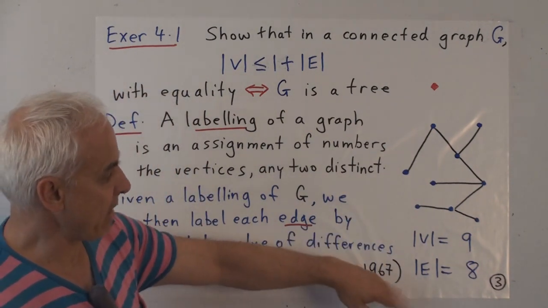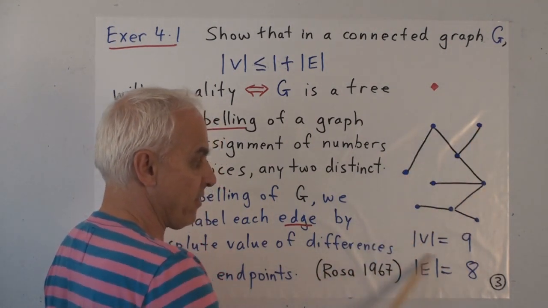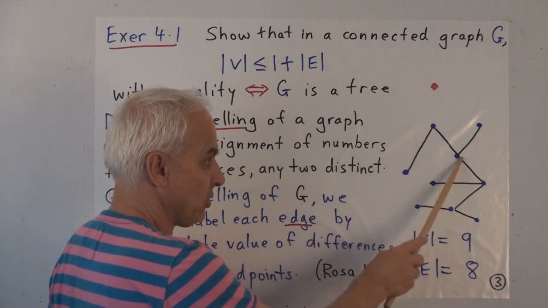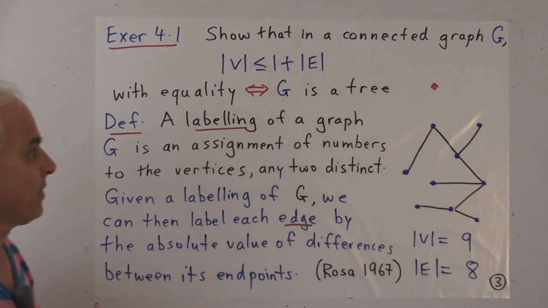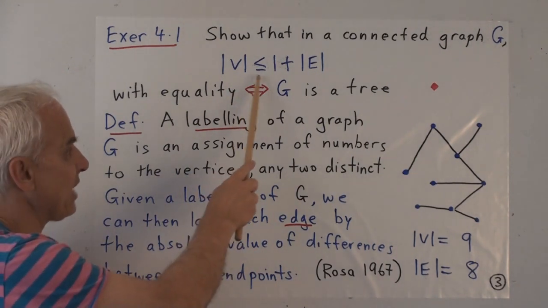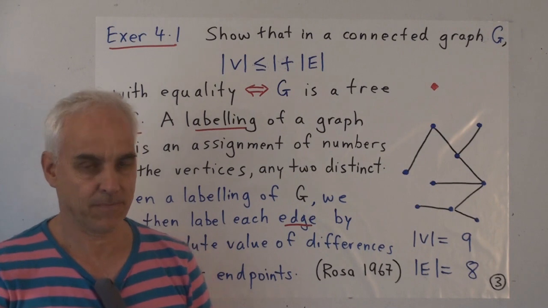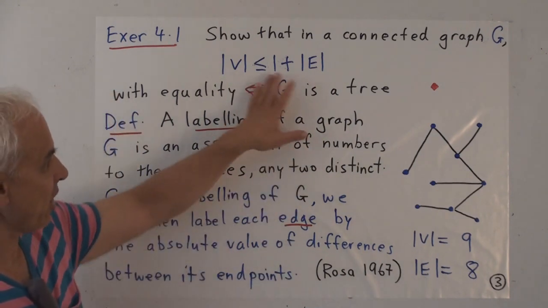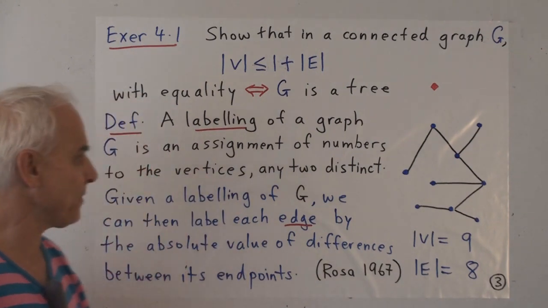This is a tree and it has how many vertices? 1, 2, 3, 4, 5, 6, 7, 8, 9 vertices. And it has 1, 2, 3, 4, 5, 6, 7, 8 edges. So 9 is actually equal to 1 plus 8. So you might want to start by proving this for a tree. It's almost obvious for a tree.